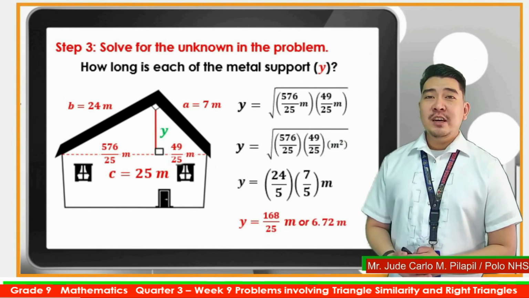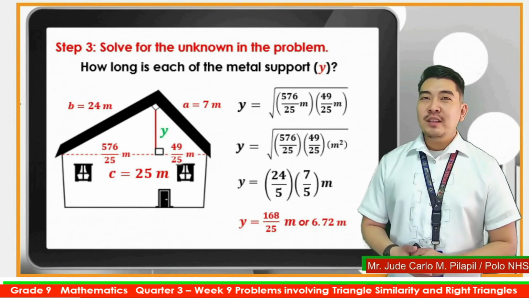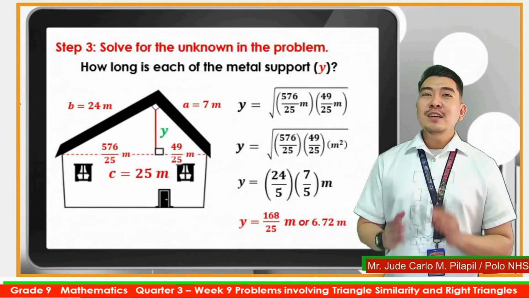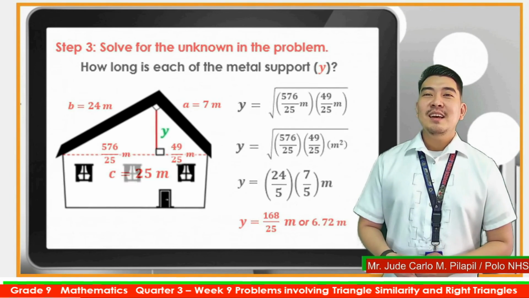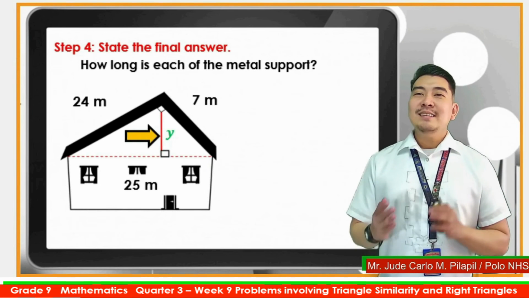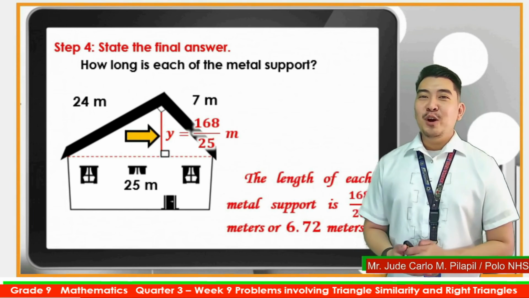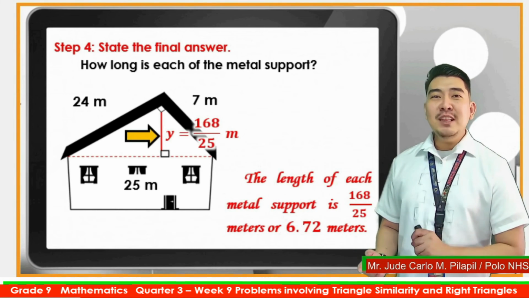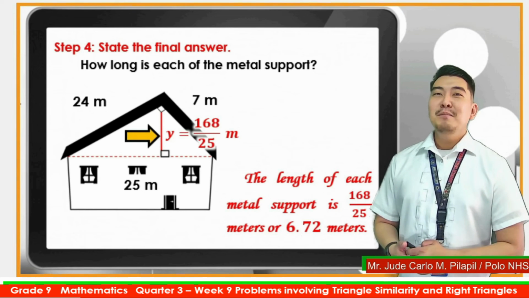By multiplication, we can say that the length of Y, or the metal support, is 168 over 25 meters, or 6 and 72 hundredths meters. Hence, to answer the question, how long is each of the metal support? Each metal support measures 168 over 25 meters, or 6 and 72 hundredths meters.